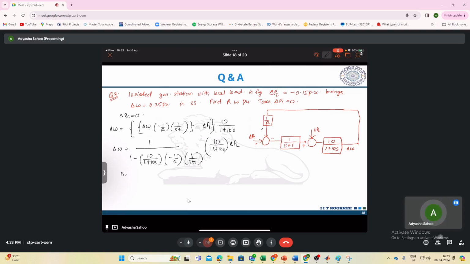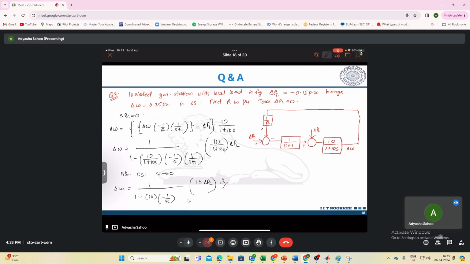So at steady state, S tends to 0. So delta omega will be 1 by 1 minus 10 into minus 1 by R into 10 delta PL.